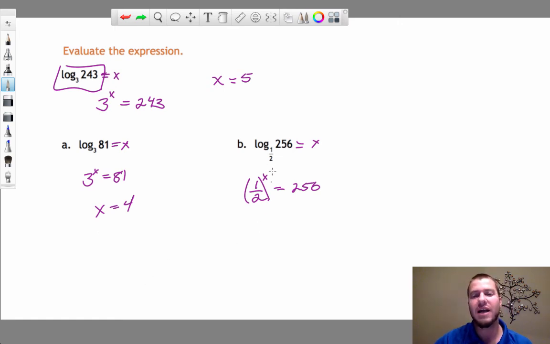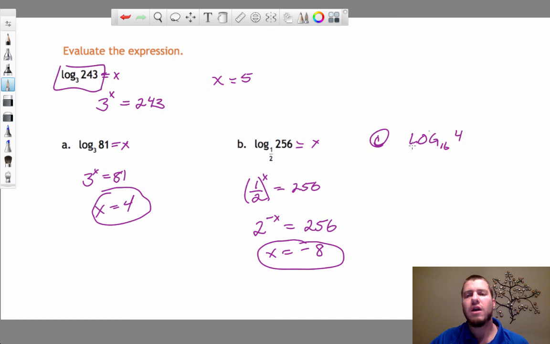So I'm just trying to figure out 2 raised to negative x is equal to 256. Okay, so 2 raised to what is 256? I just know that it's going to be negative because it had to turn this fraction into that whole number, 256. And that would mean that x is going to equal -8.